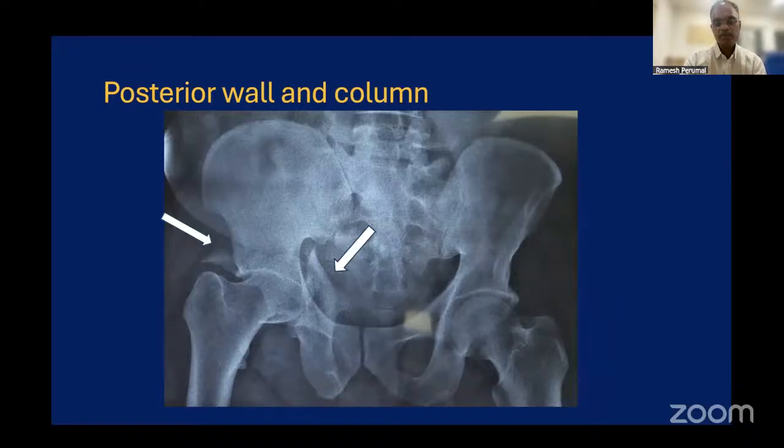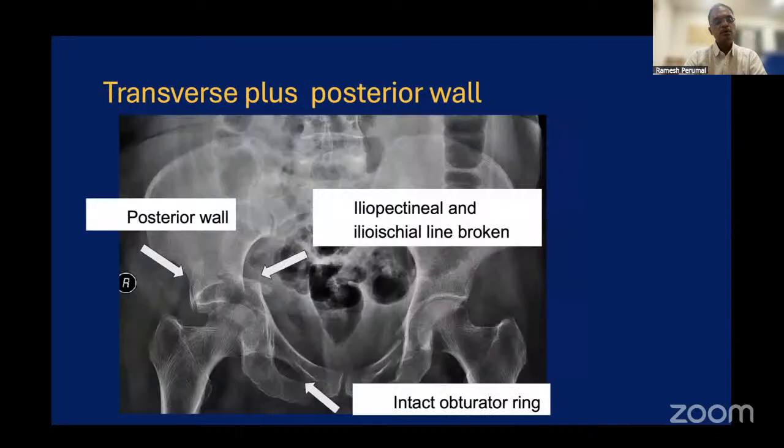The first one is the posterior wall and column fractures, where you can see the breakage of the ilioischial line. It is a marker of a posterior column fracture, and you can also see the posterior wall fragments on the outer lip. So on the AP view itself, we can diagnose the posterior wall and column.